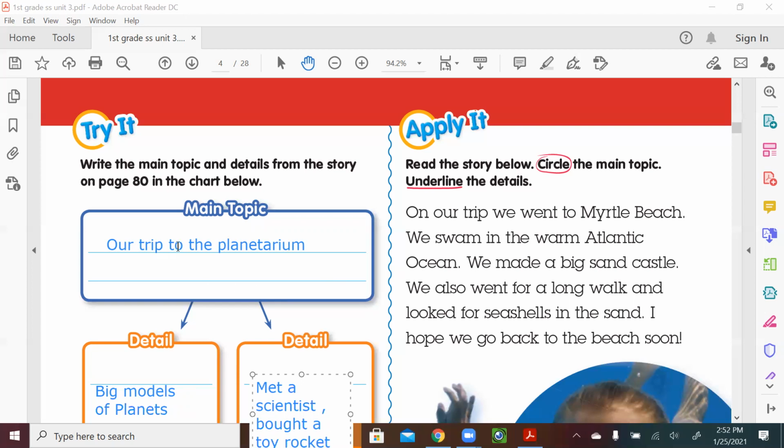Okay, so the main topic, the trip to the planetarium, and then the details we put there. Okay.